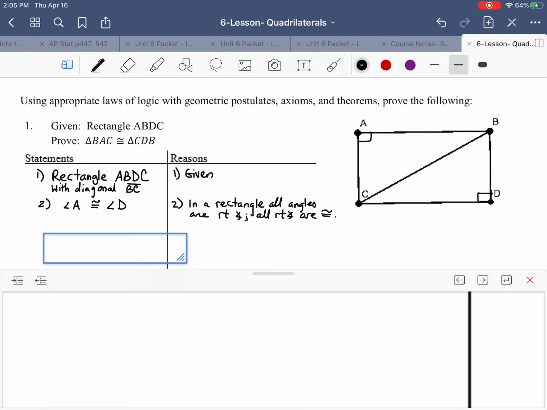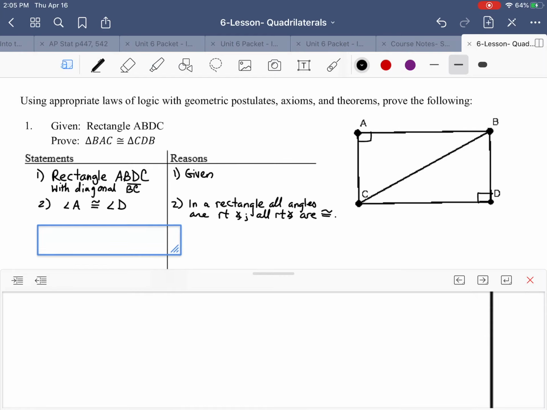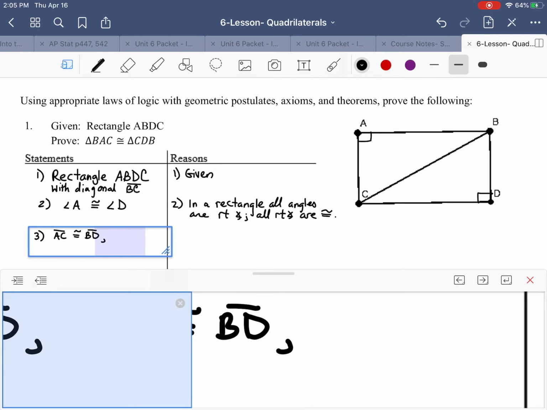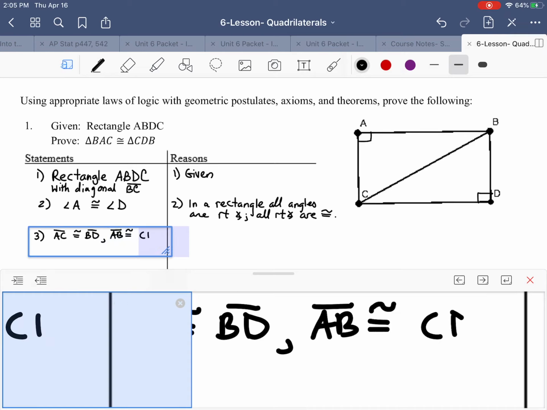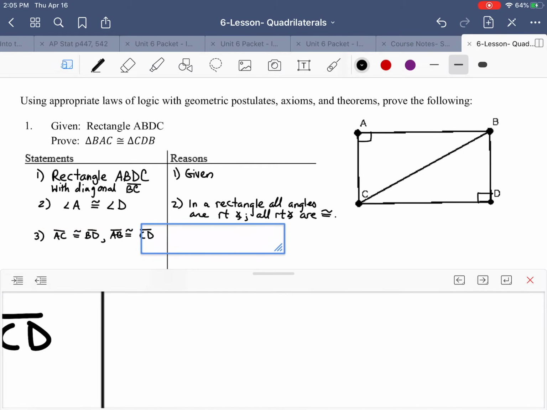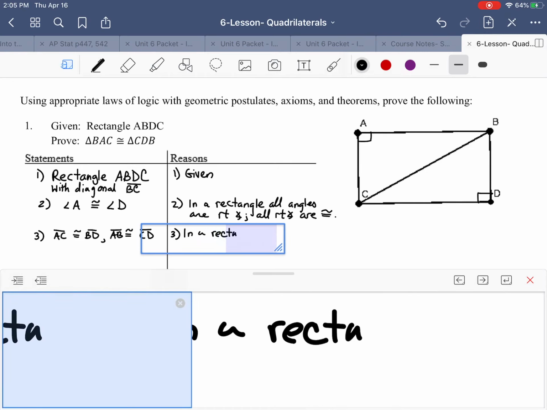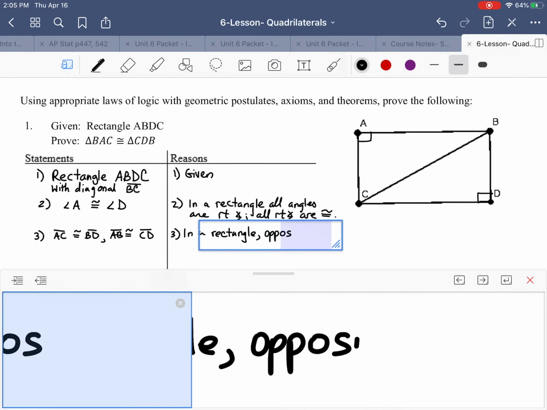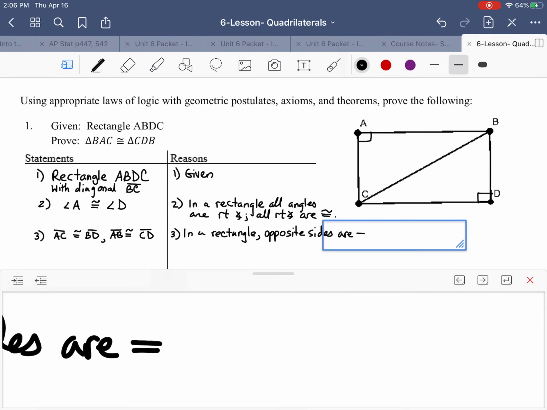Surprisingly, we're 2 steps away. It's just a question of what 2 steps you want to use. I'm going to use the fact that opposite sides in a rectangle are congruent. So I'm going to say AC is congruent to BD, and AB is congruent to CD, in a rectangle opposite sides are congruent.